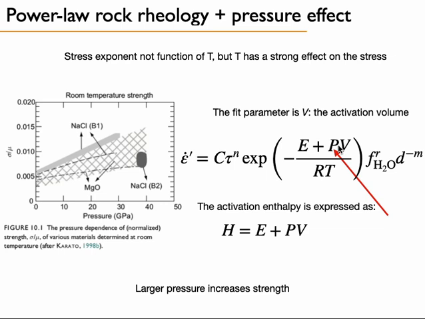So there is an effect of pressure on viscous creep, and it is included in this term. Again, in order to model the effect of pressure, we have this new variable, we have another fit coefficient, and the fit coefficient is now the activation volume, which can be deduced from laboratory measurements.